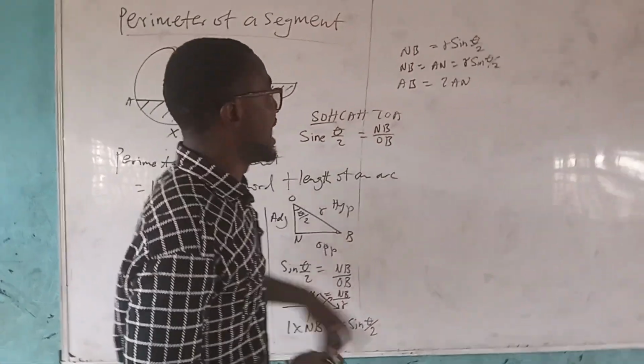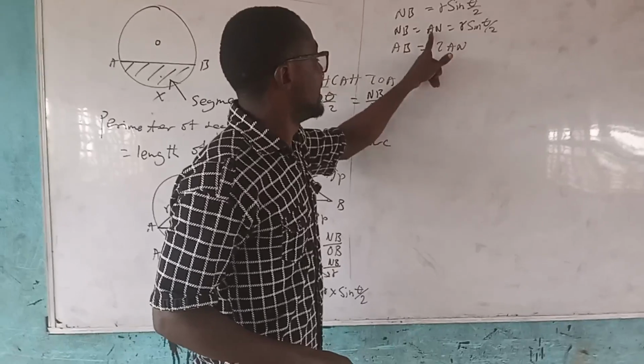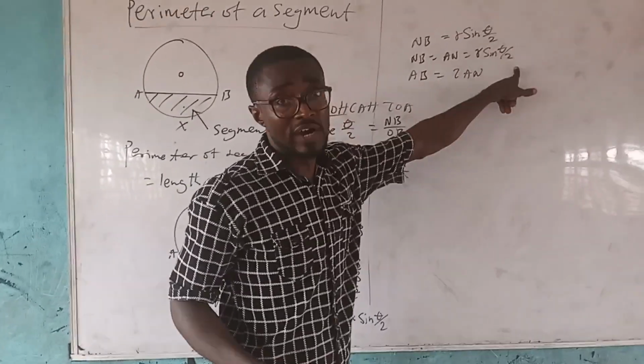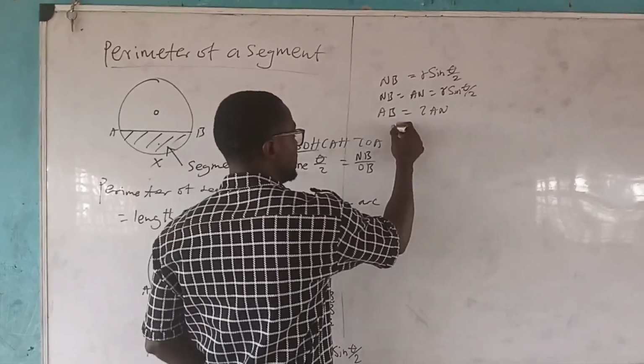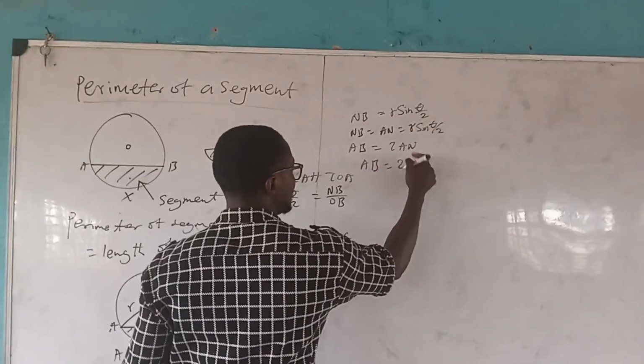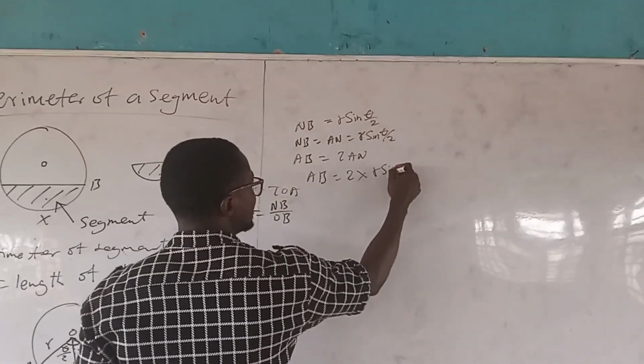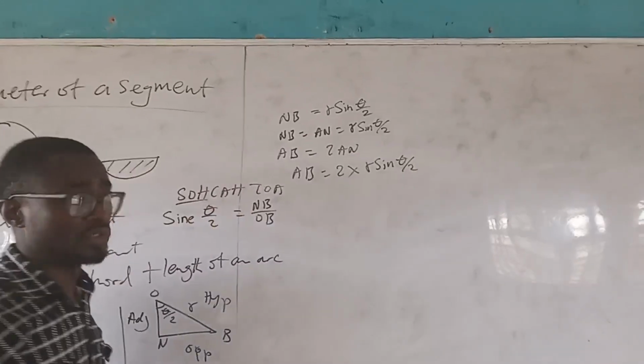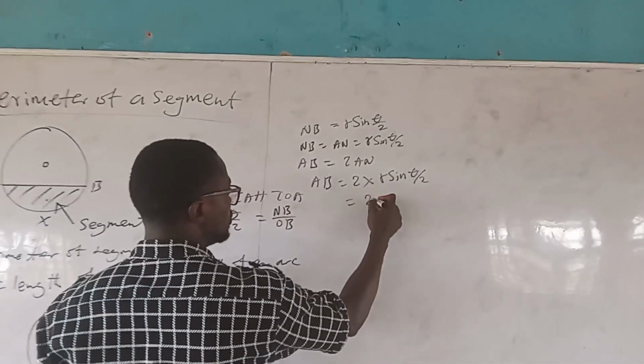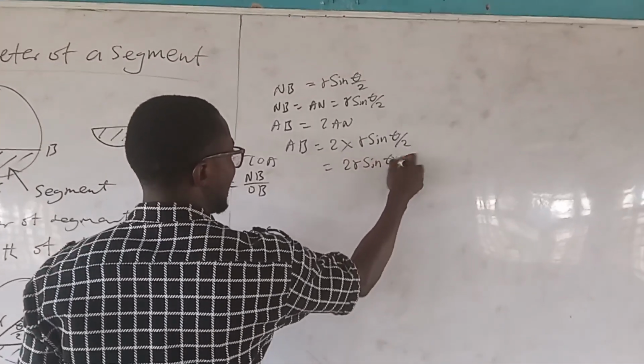So we can go ahead and substitute the value of our AN, which is R sine theta over 2 here. So we are going to have our AB equal to 2 times R sine theta over 2, so we have 2R sine theta over 2.